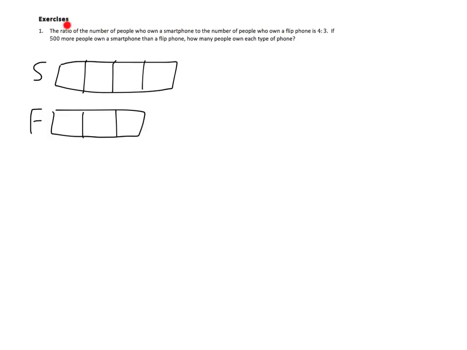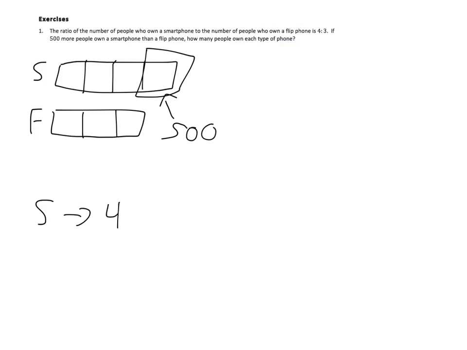Now it tells us that there's 500 more people who own a smartphone. So that means that this one section right here, that is more, is 500. Well, if that one section is 500, the rest must be 500. So we can jump right to our multiplication. The smartphone has 4 sections.